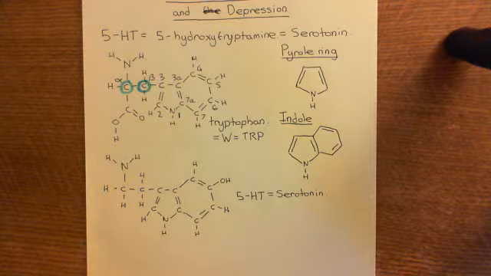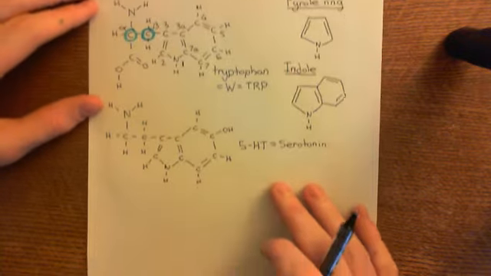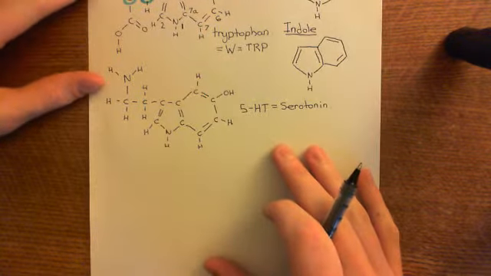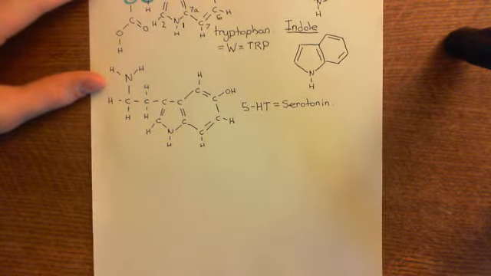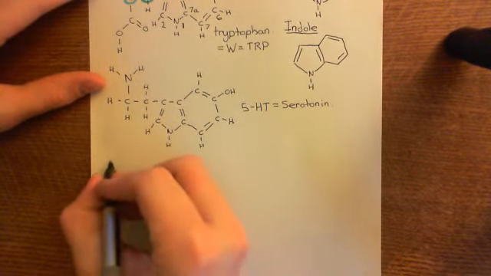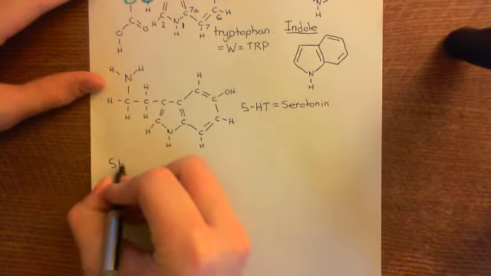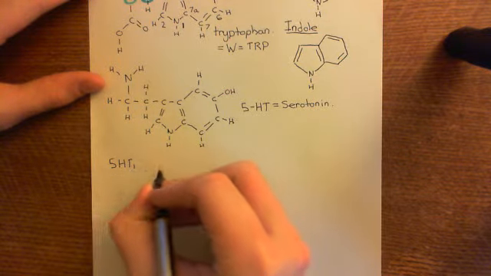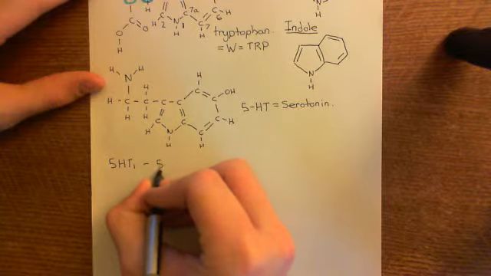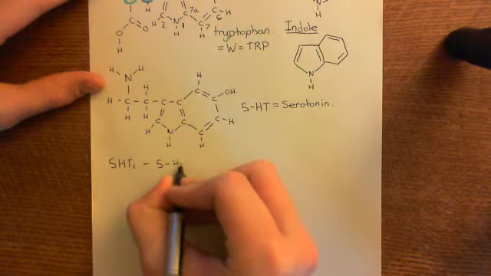So basically, there are 7 families of receptors for 5-HT, and these are the 5-HT1 receptors all the way through to the 5-HT7 receptors.